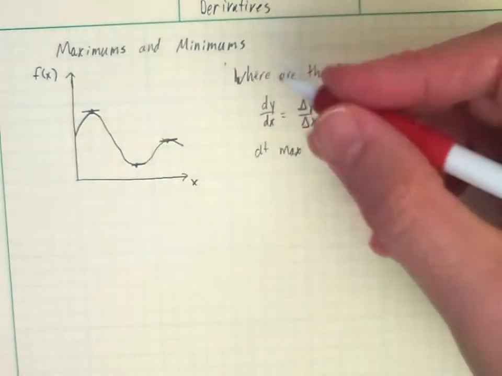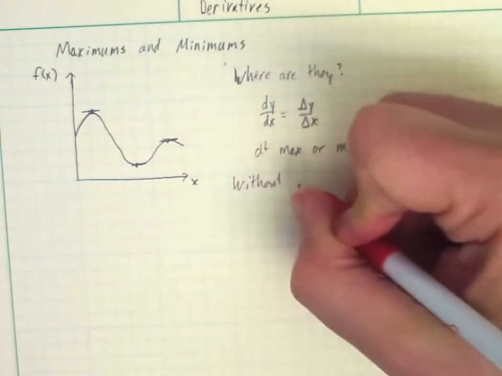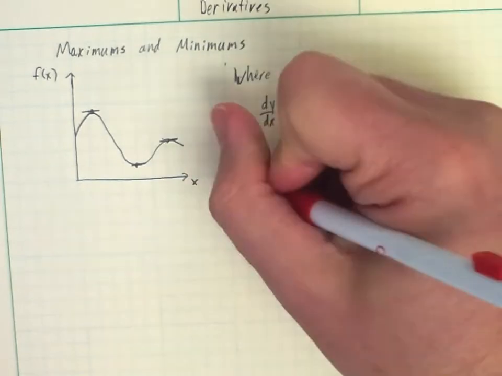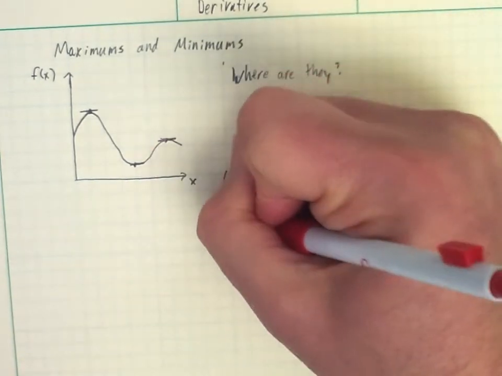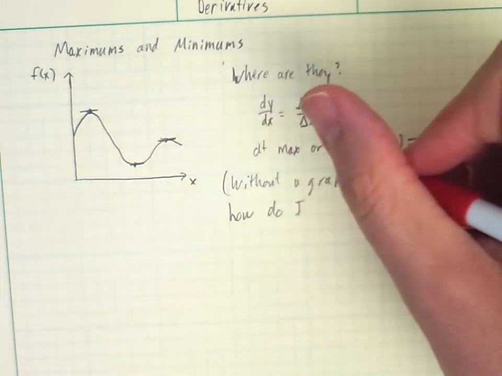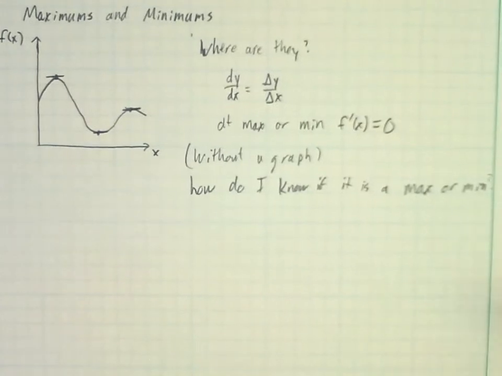But then, how do I know if it's a max or min without the graph? So without that, how do I know if it's a maximum or a minimum? The answer is the second derivative.